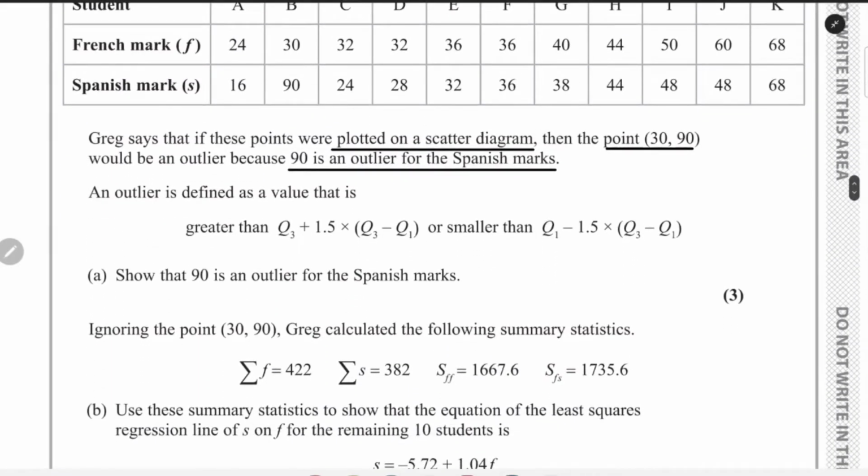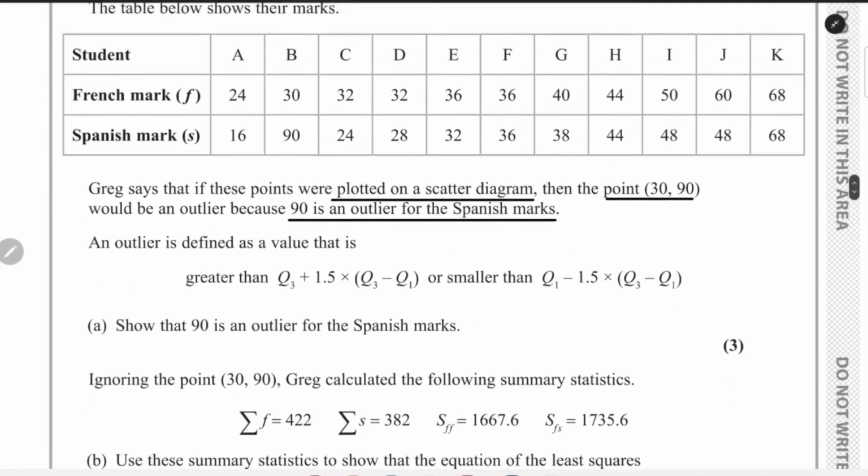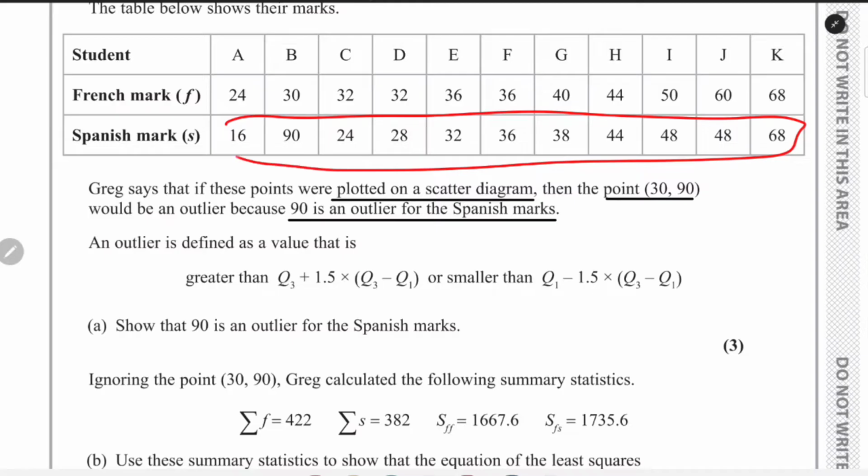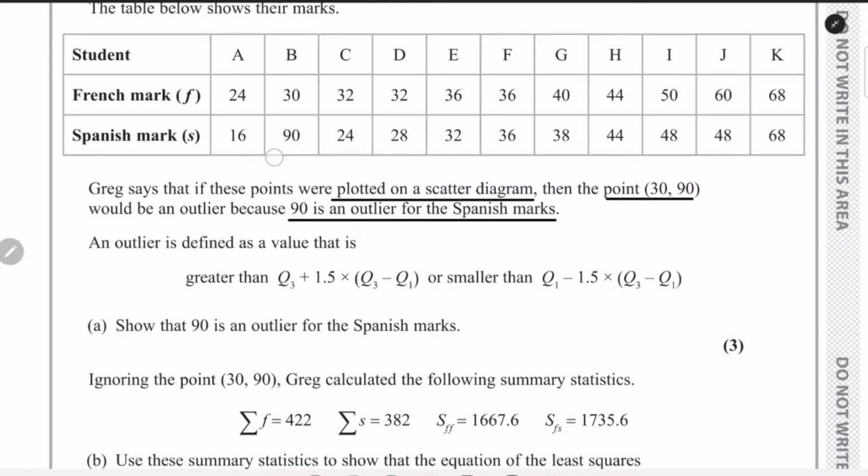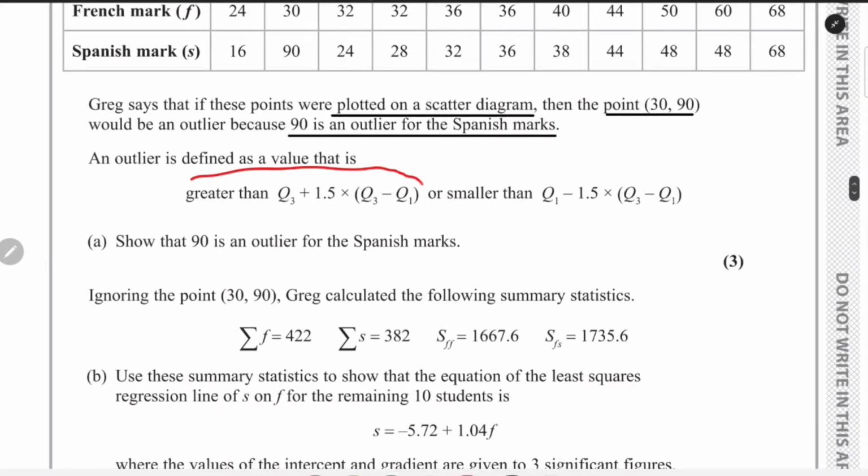So we have to show that 90 is an outlier. So we can see the range of values for Spanish is from 16 to 90. So 90 is on the higher end of it.